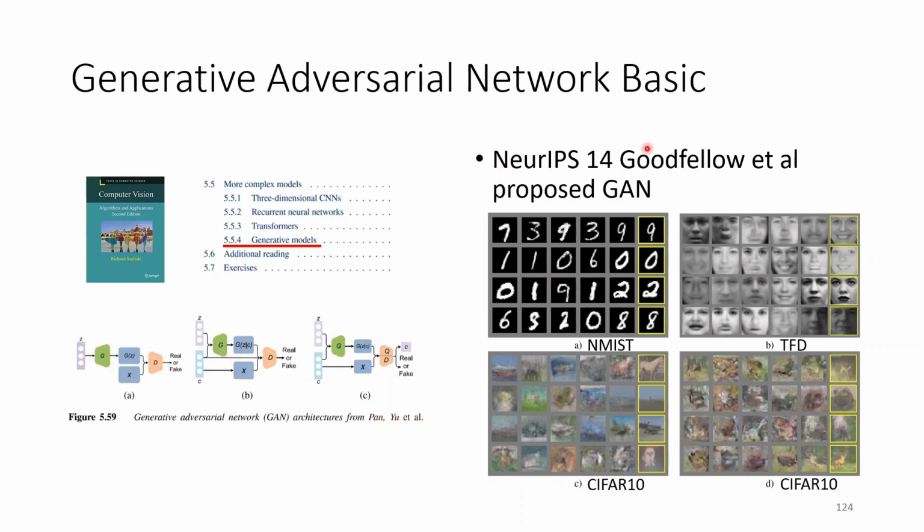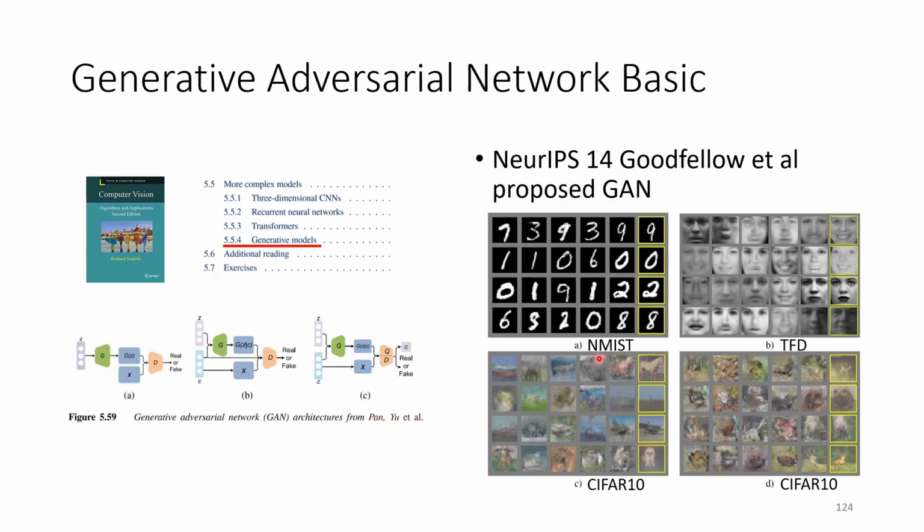Okay, so the idea of GAN was proposed by Goodfellow in NIPS 14. And who is Goodfellow? Goodfellow is the author of our reference book. And these are the results produced by his method. This is a typo.